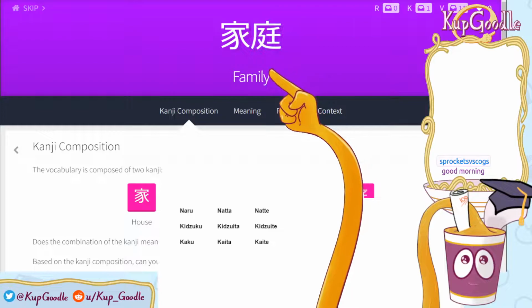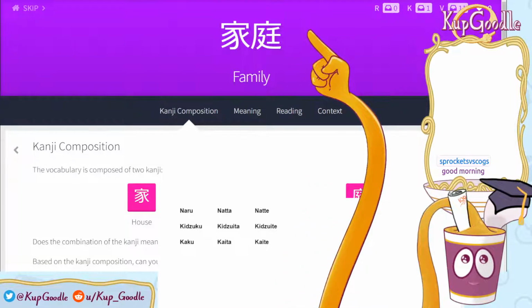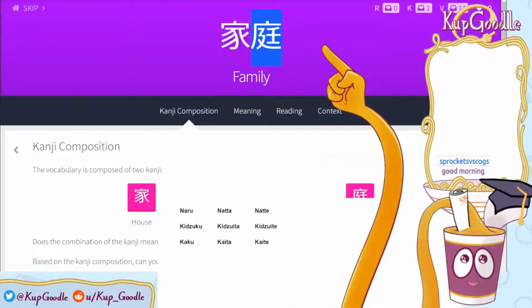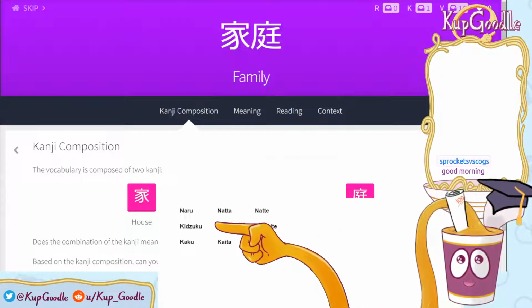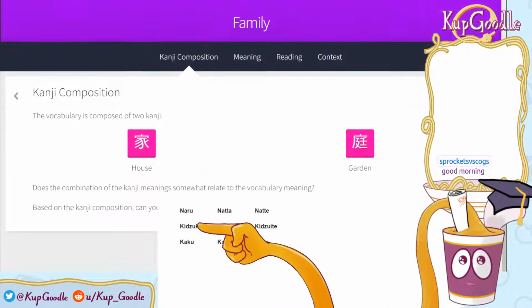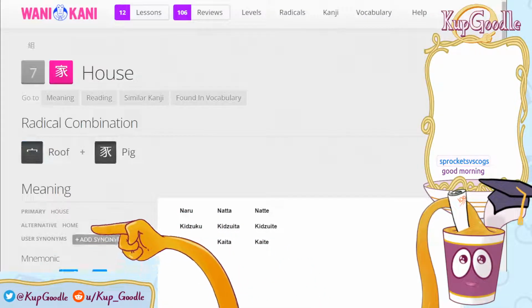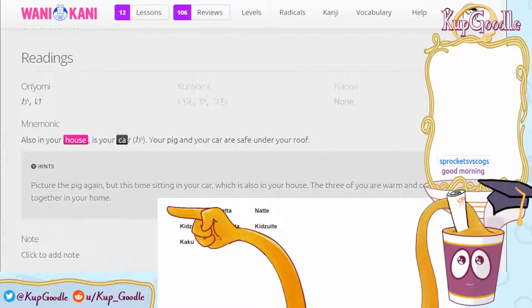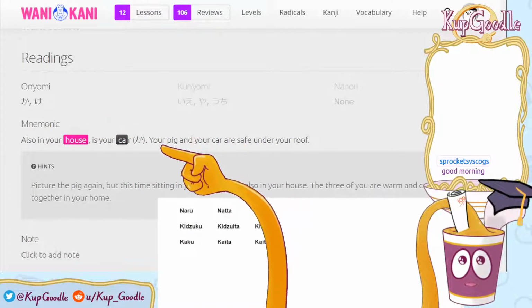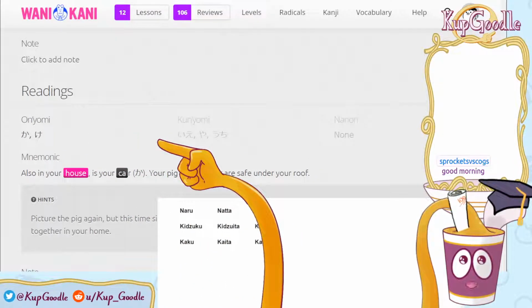I just saw the word family and ka and didn't even look at the second kanji. Te. House garden. This feels much less common than kazoku. Uchi.